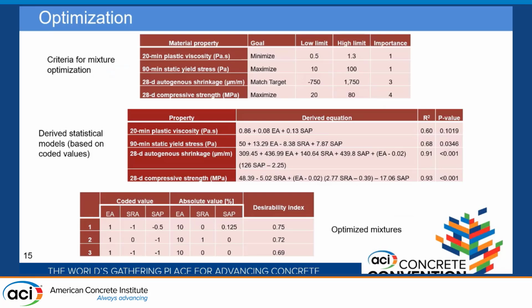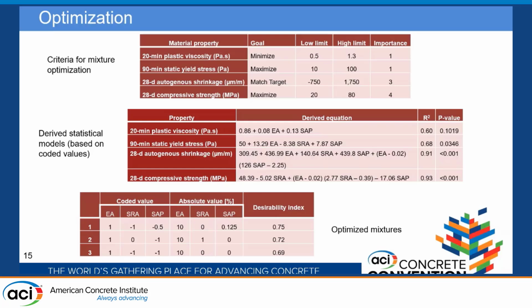Optimization based on the criteria I mentioned, which were reducing the initial plastic viscosity, maximizing static yield stress, and match target in the software, was used, which is indicative of the intermediate level of that variable, not excessively high, not low. And 28-day mechanical properties, compressive strength, was set to be the highest.